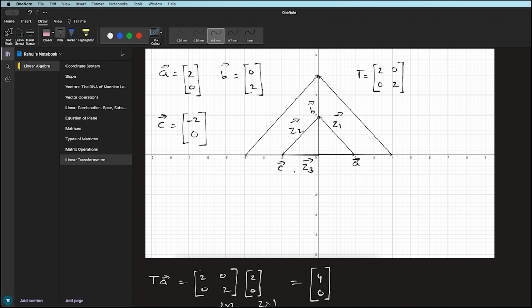Now suppose I want to find the number of points lying between A to B, then between B to C, and between C to A.